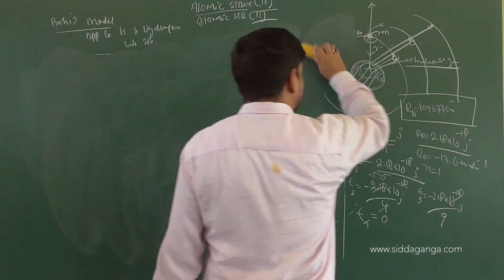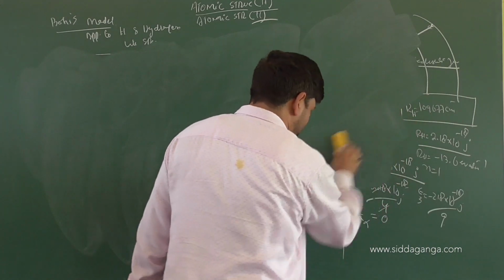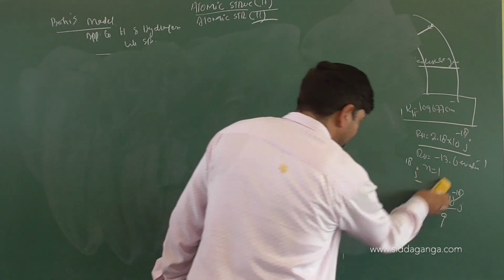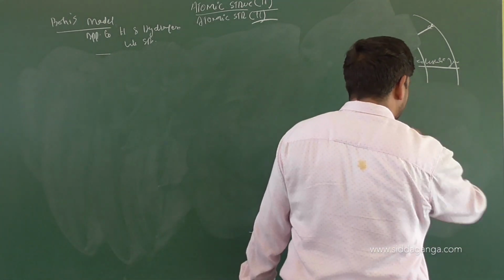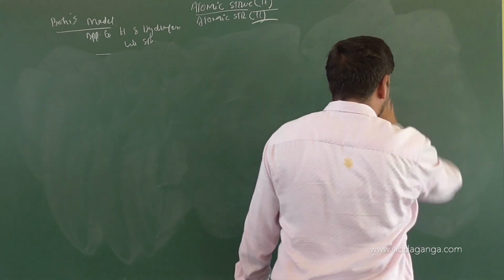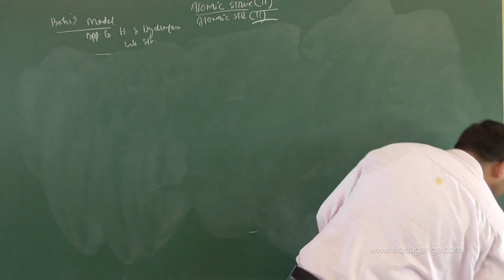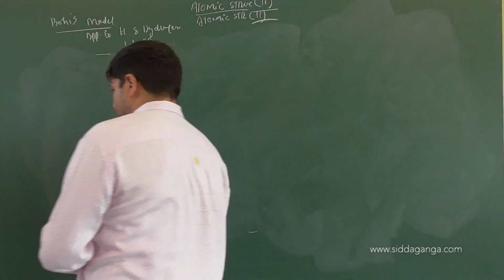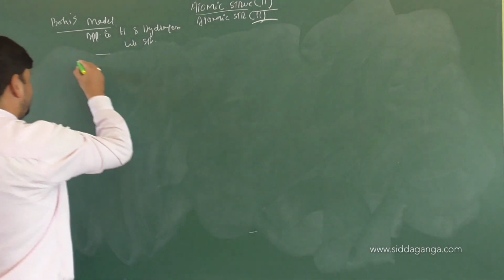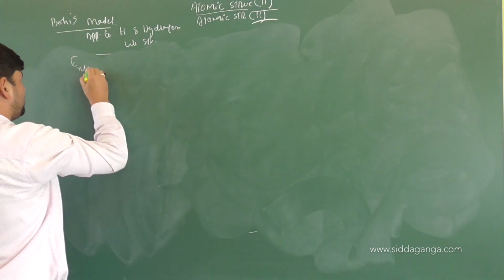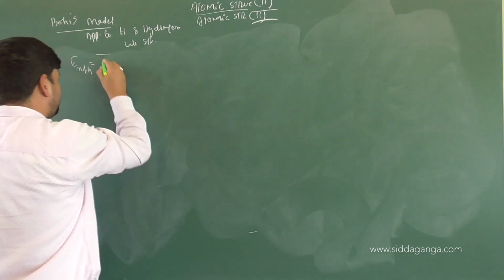Now here you can see clearly in terms of energy, it is inversely proportional to n square, but it is directly proportional to Z square. So we can write down those equations here. So keep it in mind now, children. Energy of nth orbital equals to what?